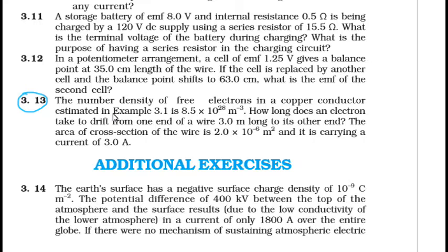How long does an electron take to drift from one end of a wire 3 meter long to the other end? The area of cross section of the wire is 2 into 10 to the power minus 6 meter square and it is carrying a current of 3 ampere. Let us see the solution.